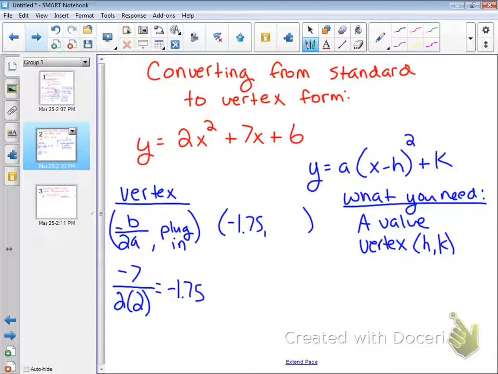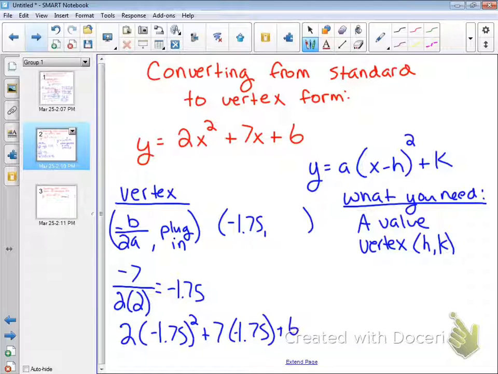To get the y value of the vertex, we're going to plug that back in. So it's going to be 2 parentheses negative 1.75 squared plus 7 times negative 1.75 plus 6.